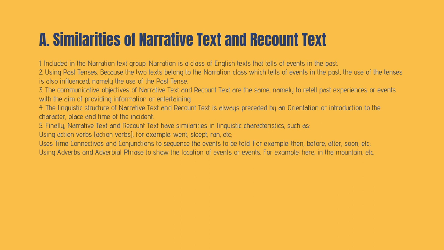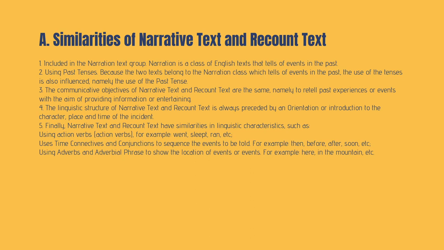The generic structure of narrative text and recount text is always preceded by an orientation or introduction to the character, place, and time of the incident. Finally, narrative text and recount text have similarities in linguistic characteristics such as using action verbs. For example, walk, sleep, run, and many more.